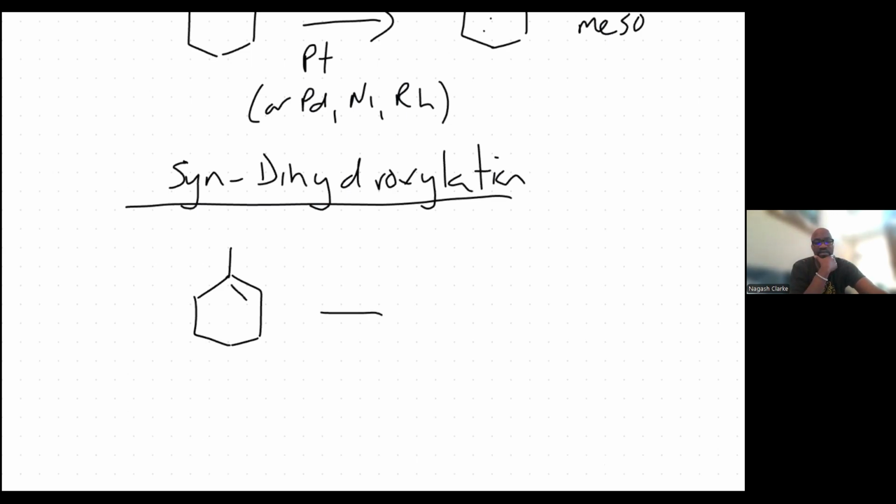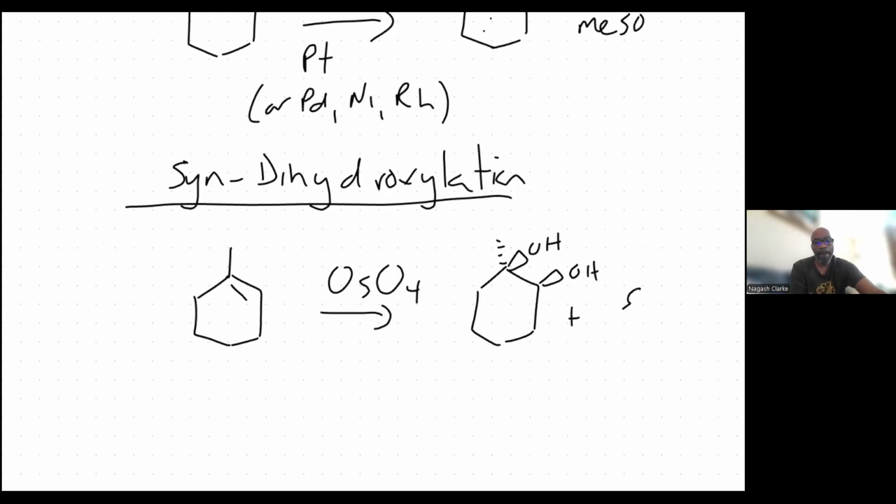I could use osmium tetroxide, and I'm going to end up with a diol. I can get enantiomers there too, right? Because I could add either above or below the molecule, but the OHs will add on the same side.